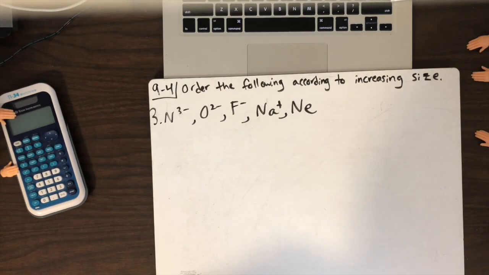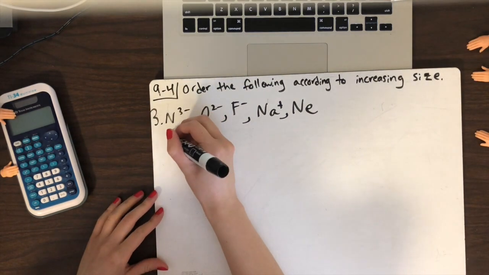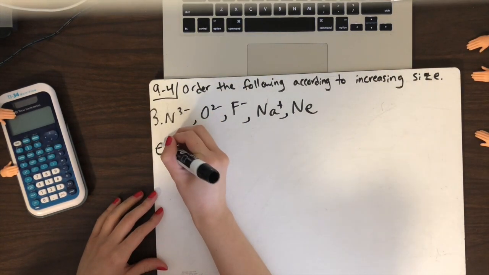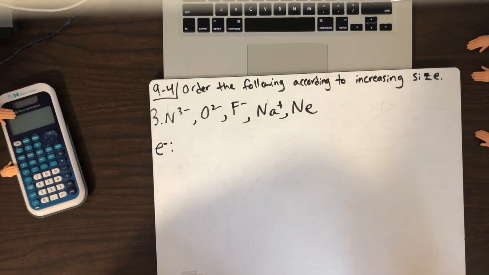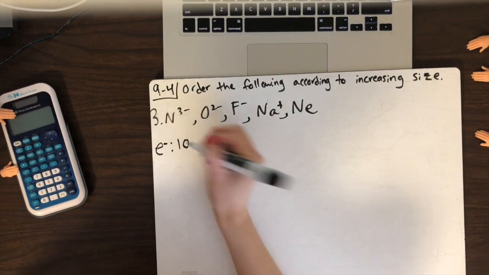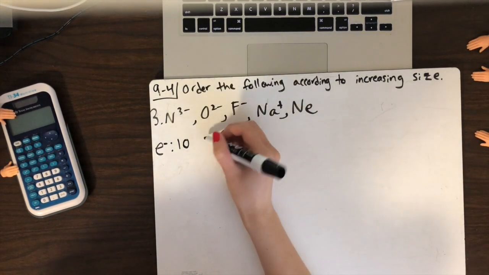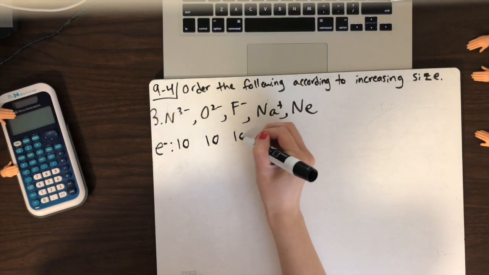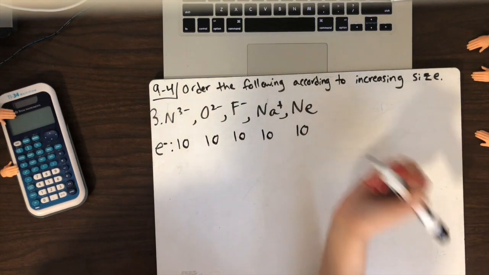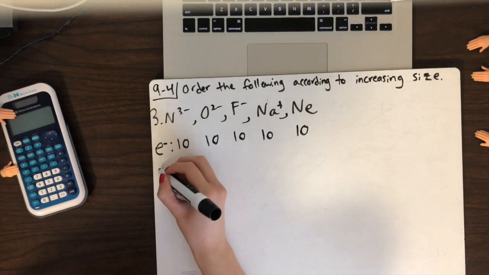Our third series is a bunch of ions: N3-, O2-, F-, Na+, and then Ne. Since these are ions, we can't just look directly at the periodic table. It's better to think in terms of protons and electrons. N3- has 10 electrons, O2- also has 10, and all of these have 10 electrons, so it's an isoelectronic series.